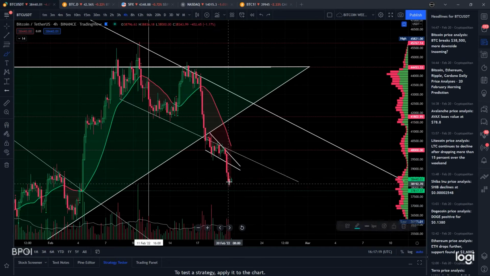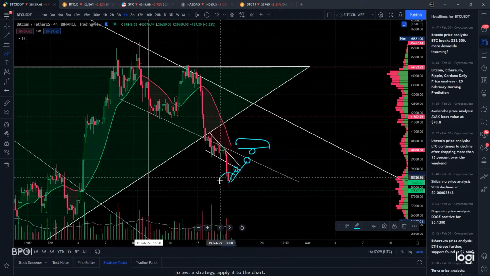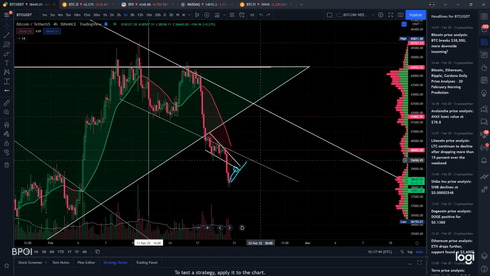I'm expecting possibly a retest of this trend line, possibly a retest of this 40,000 area. I cannot see at the moment, based on what's happened over the last 12 hours, Bitcoin being able to break 40,000 unless there's some exceptional news in the marketplace, which I'm pretty confident we're not going to see.